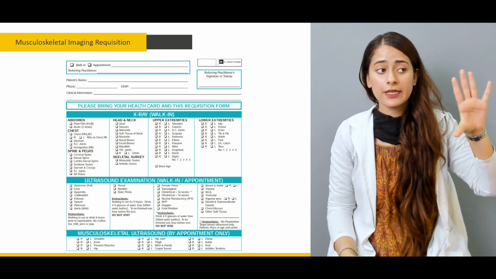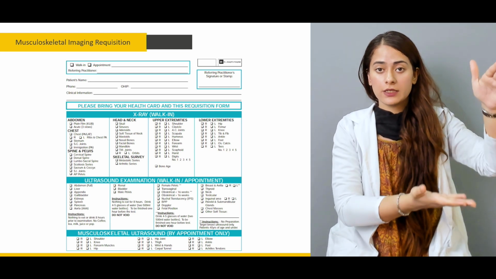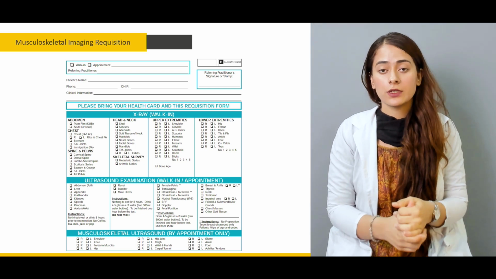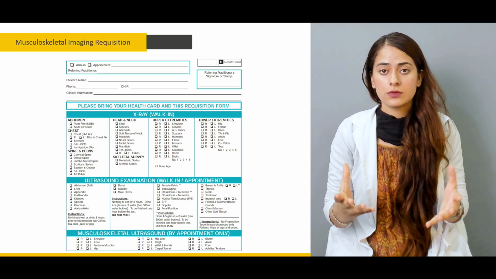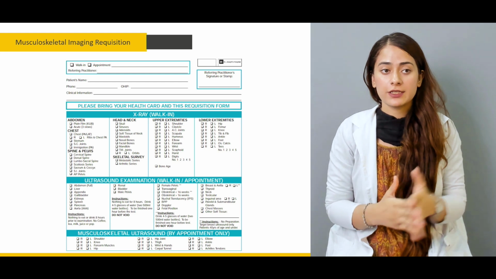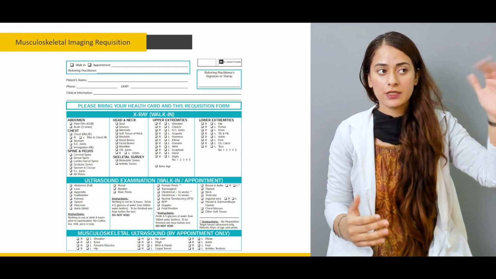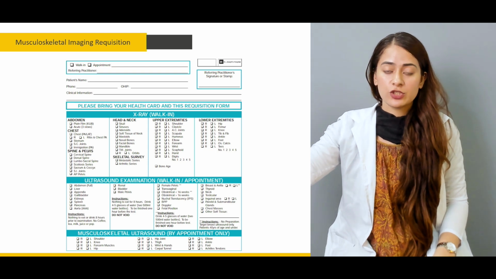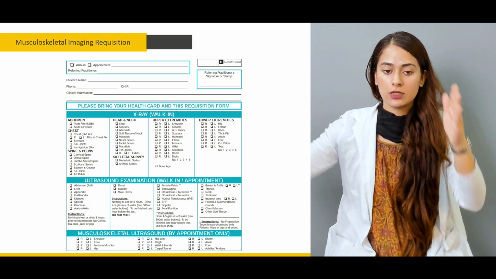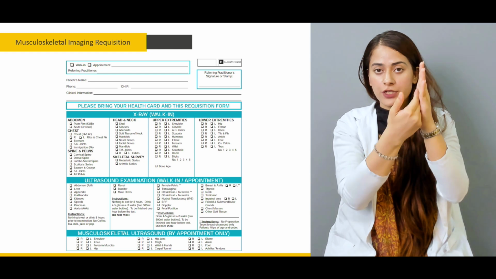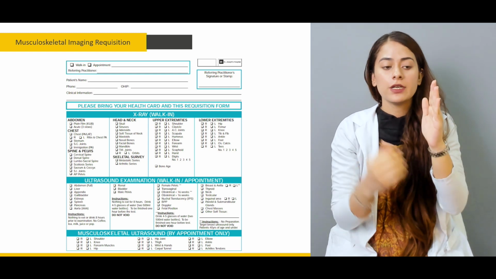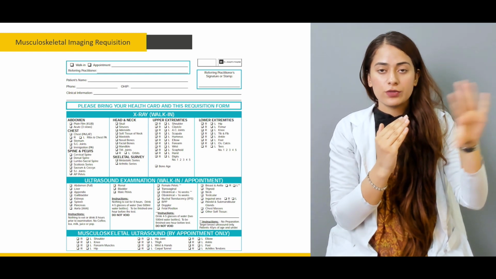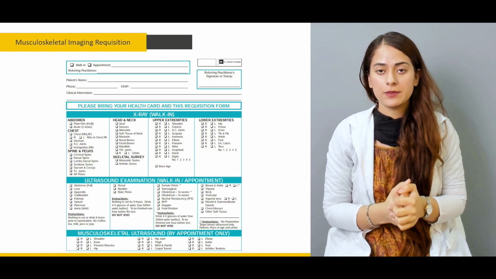Bucky contains the cassette, and there is a generator which generates the X-rays which fall onto the body and exit from behind the body onto the cassette or the bucky.